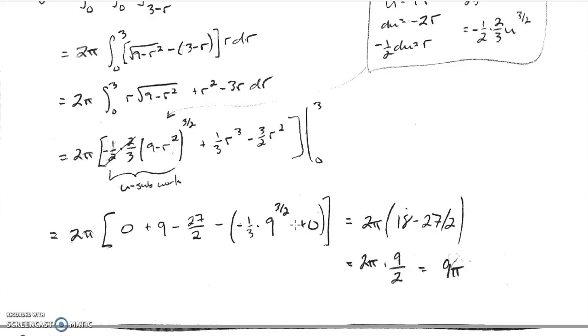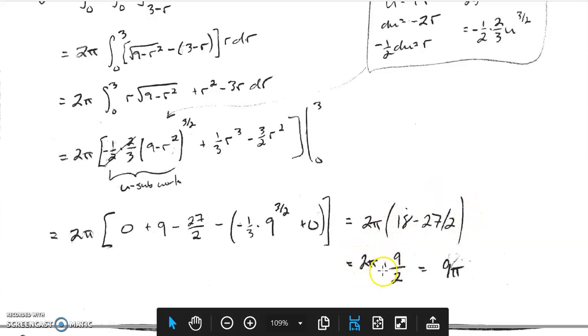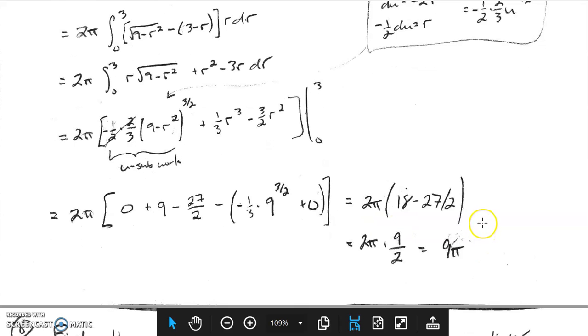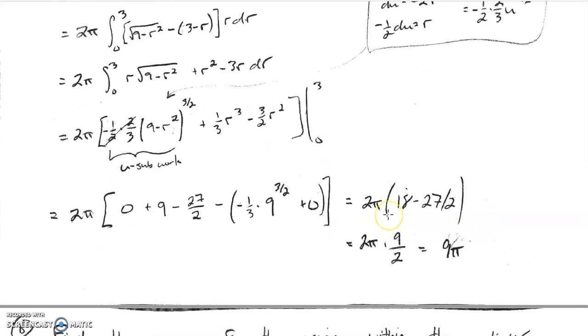And then divided by 3 takes me down to 9. So that 9, double negative, gets added to this 9, and I get 18 minus 27 over 2. Do some fraction work. These 2's cancel and leave me with just a 9, and the pi comes along, and I get 9 pi.